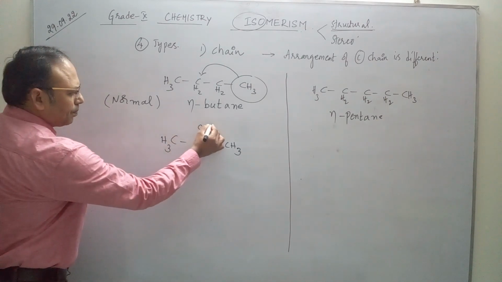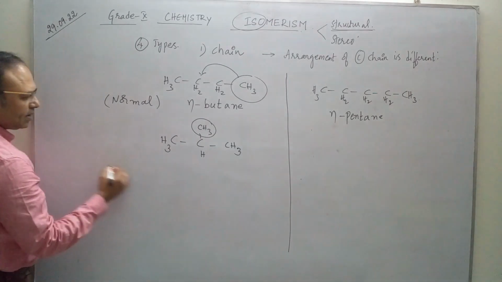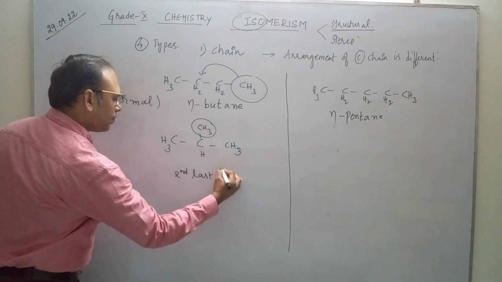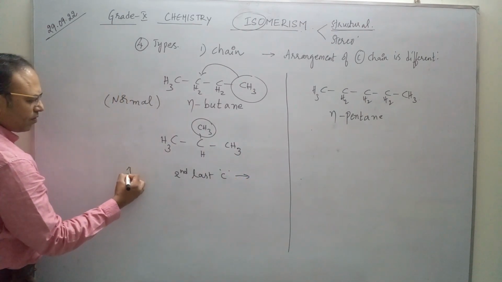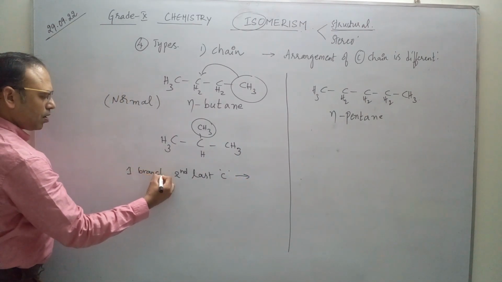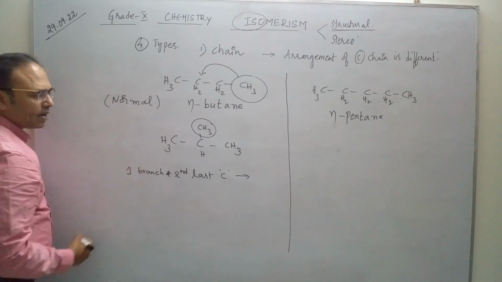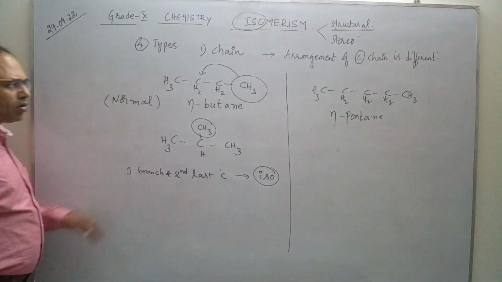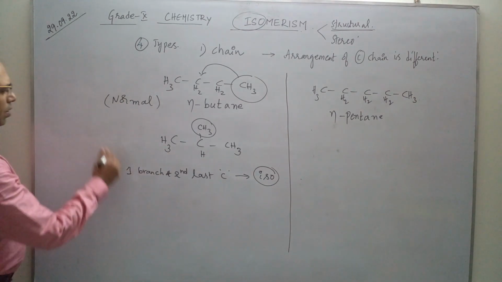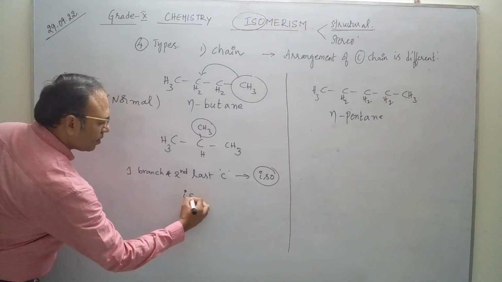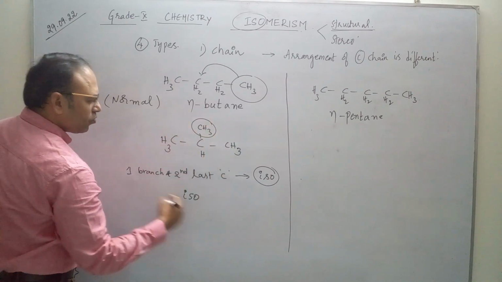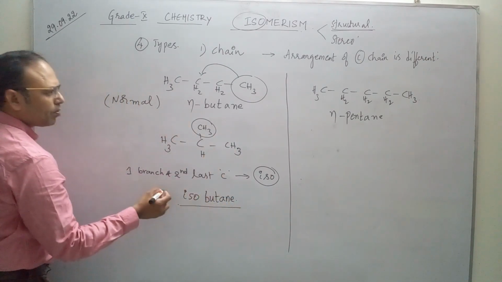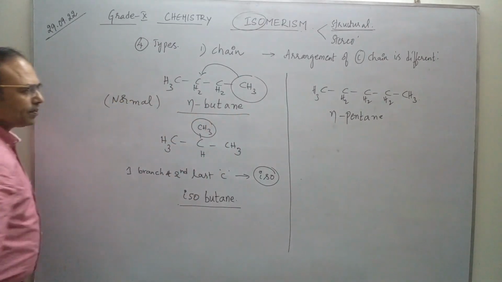Now if a branch is present at the second last carbon, then you use a term called iso. These are all the common names. So therefore we can write it as iso, 4 carbons, butane. This is your common name. This is also a common name.